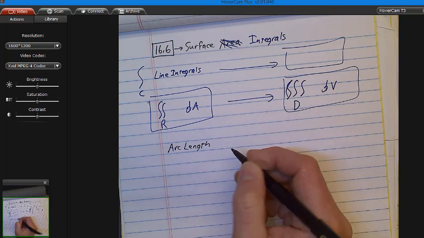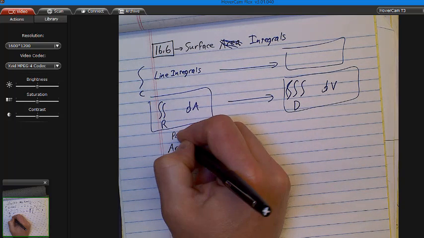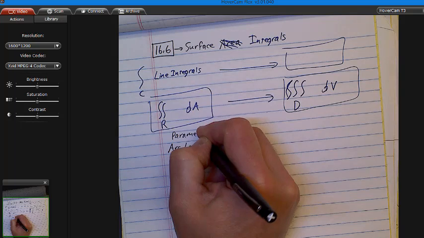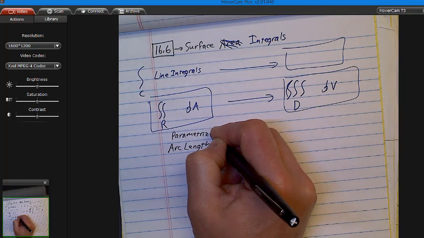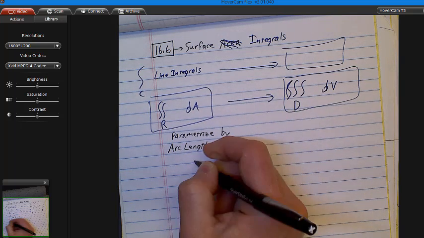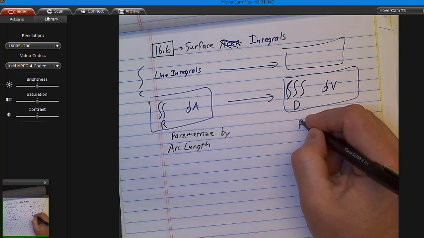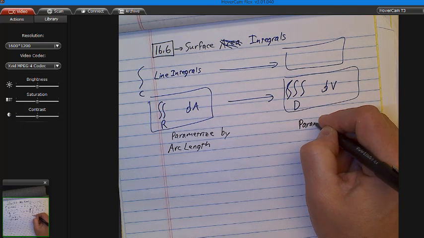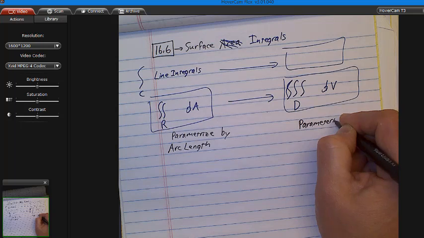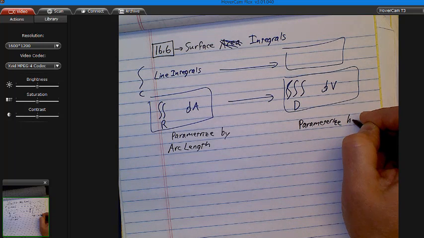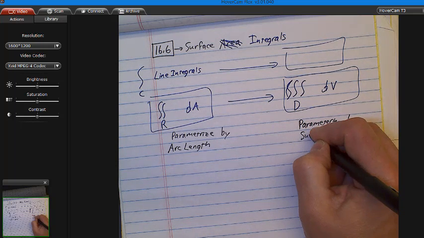We like to parameterize by arc length. So now in this higher dimensional setting, we're going to parameterize by surface area.